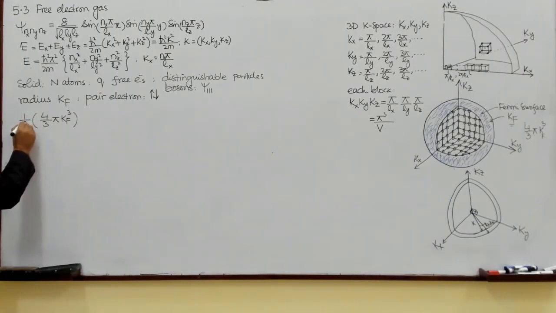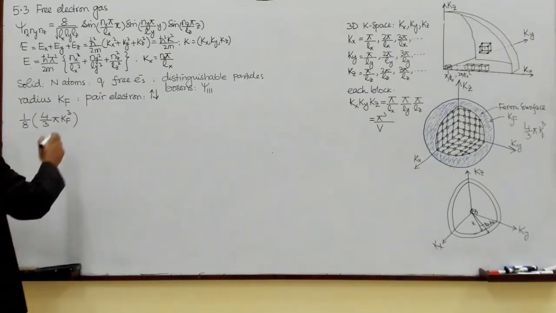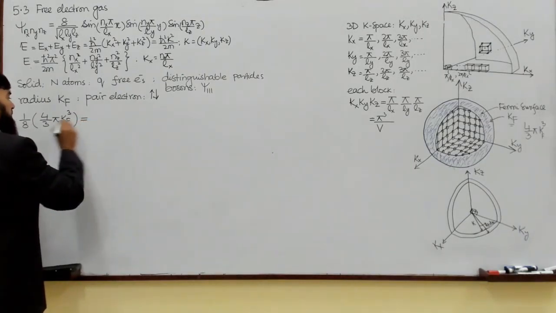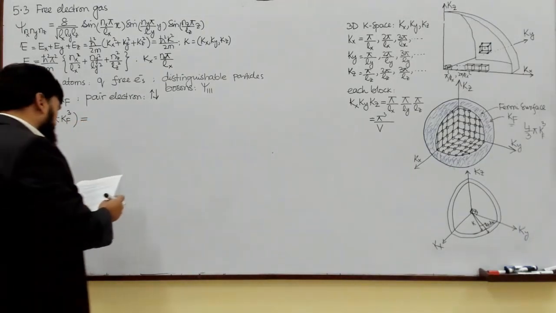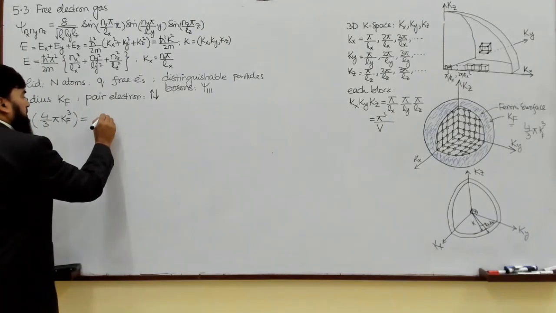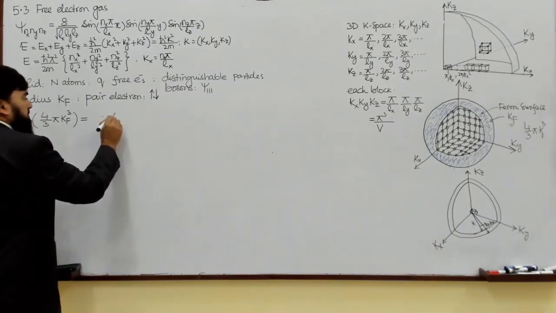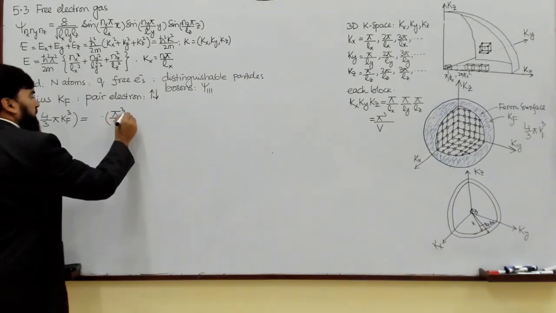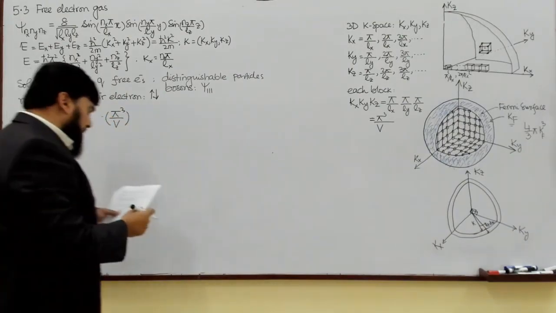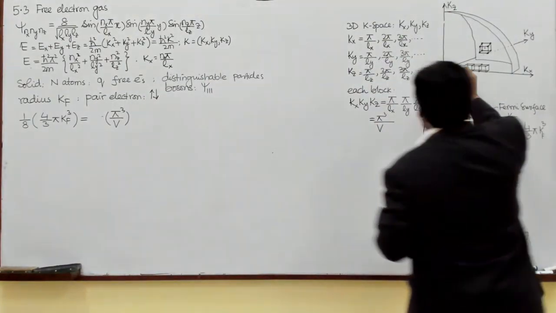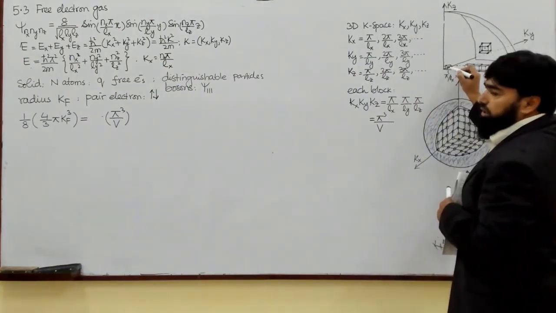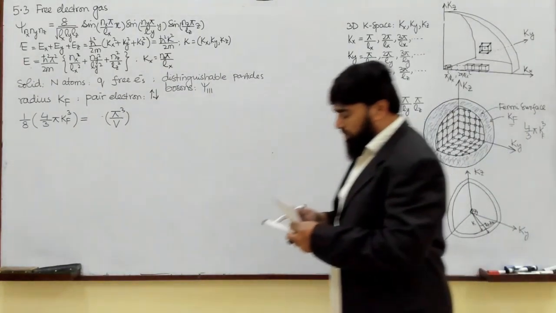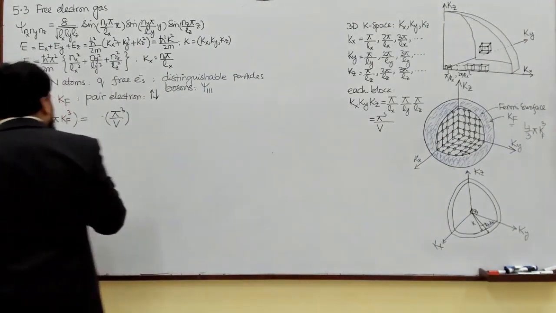So 1/8 times the volume will be equal to the volume of the block, which is pi cube over v. This is the volume of the very first block that I am considering here.